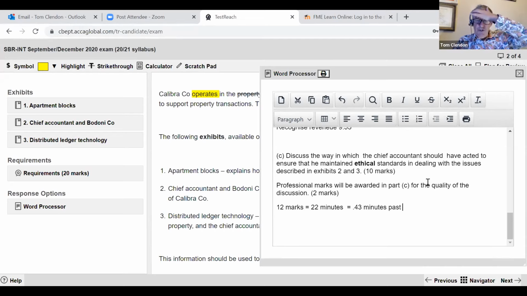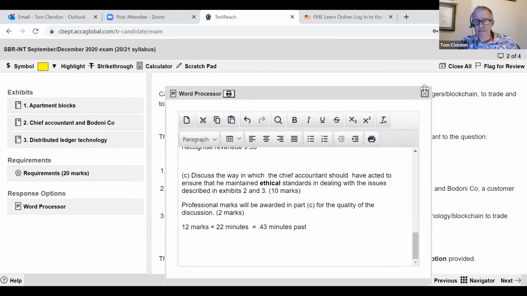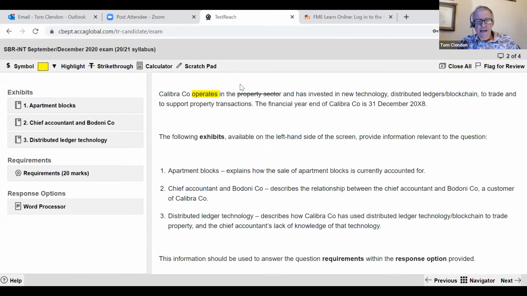What we've got to do is discuss the way the chief accountant should have acted to ensure he maintained ethical standards, dealing with the events and issues described in Exhibit 2 and Exhibit 3. So it's an ethics question. Calibra operates in this blockchain world, with exhibits, apartment blocks, relationship, distributed ledger.